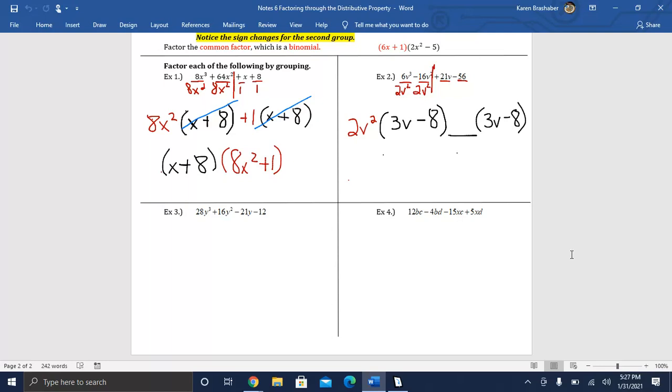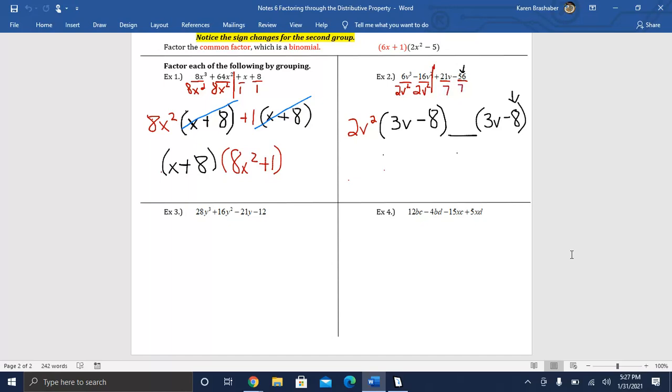And sometimes this is a little harder for students. So something you can do on your calculator is check the last number divided by the last number in the parentheses. And negative 56 divided by negative 8 is actually a 7. And that 7 is my common factor.